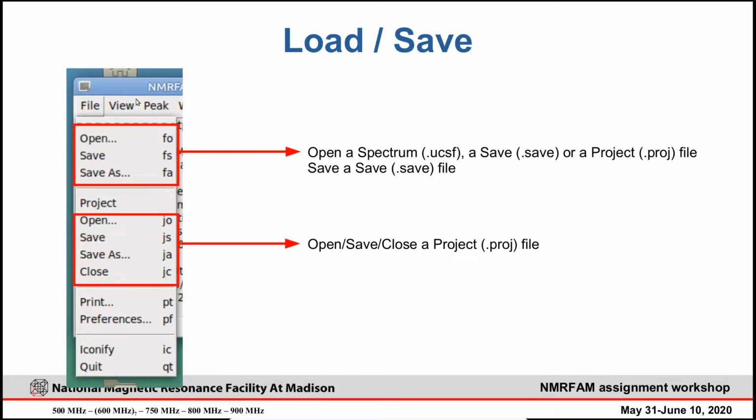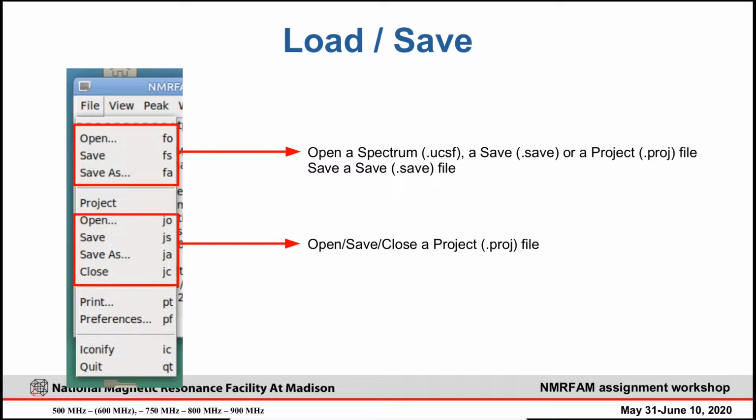So if you go to the file menu, you will see two parts: open, save, save as, and then you see another open, save, save as here. As you can imagine, the top part is for a single spectrum, while this part down here is for a project. I mentioned the project will have multiple spectra.